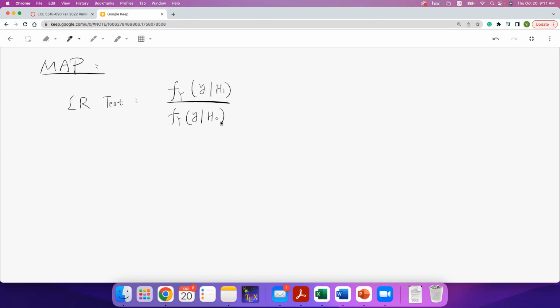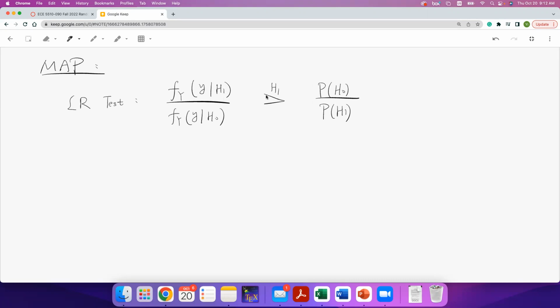Under two different hypotheses, we look at the ratio between the conditional PDF of the observation random variable. We compare this ratio with the ratio between the prior probabilities of these two hypotheses. If it's bigger than this threshold, then we decide H1.